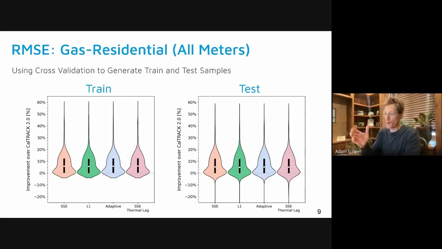If we look at the left-hand graph, the first of these plots is using sum of squared errors as the objective function in the model, as done in many models. And we're seeing that for the full population of gas meters, roughly a 7-8% improvement in root mean squared error over the Caltrack 2.0 model itself.